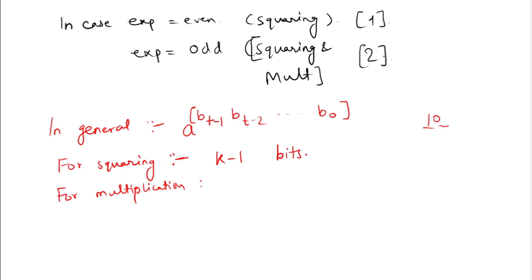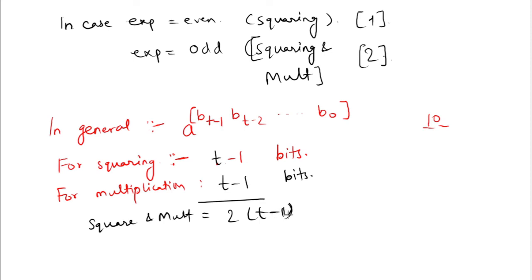So this is t minus 1 bits, here t minus 1 bits. Total for square and multiply operation, two times t minus 1 bits would be required, and this would be the worst case scenario.